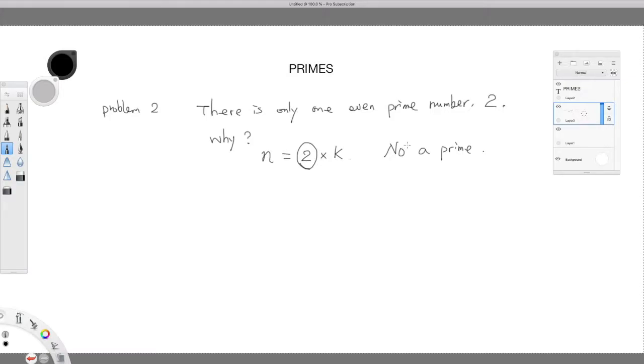Okay? Clear, right? By the same token, which is less useful, there's only one prime number that ends with the unit digit 5, which is 5. Can any other number ending in 5 be a prime number?